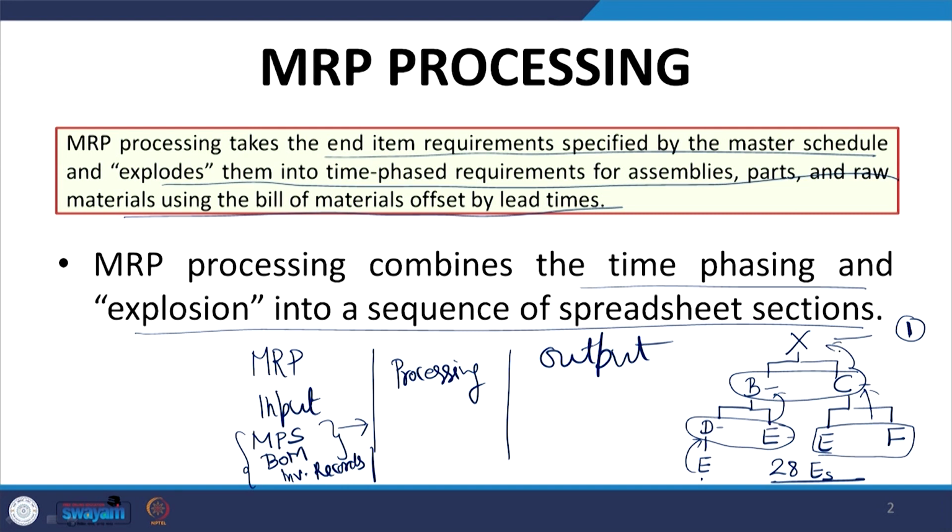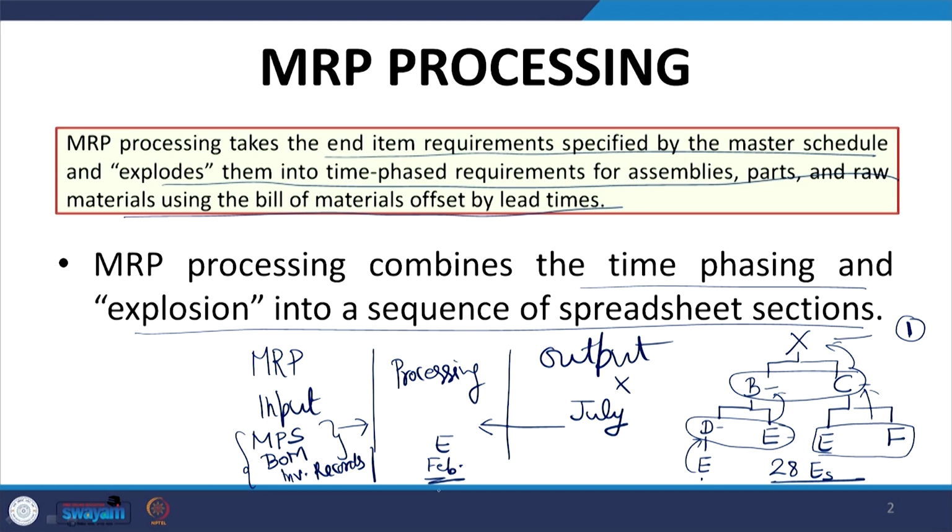So, depending upon the lead time of E, if I want product X in July, it is quite possible that I have to start working on E in the month of February. Then only I can deliver X in the month of July, because so many intermediate products are required for making the final X, and for making those intermediate products E is required. So, each of them will also take some time.